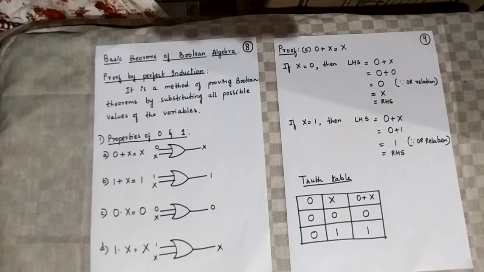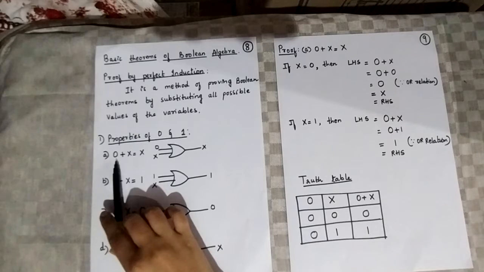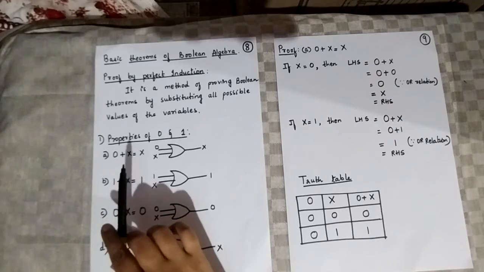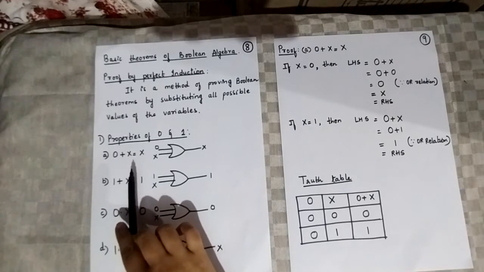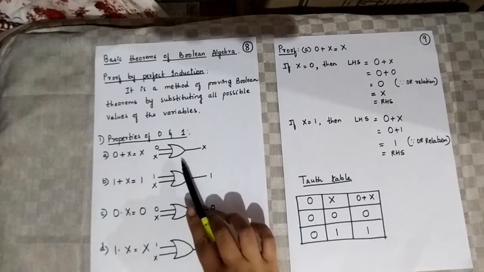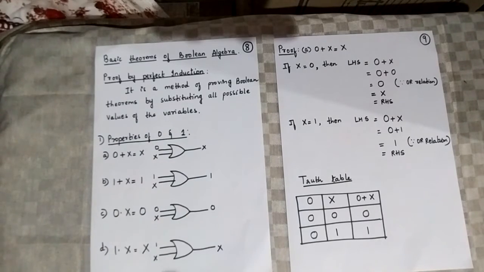Under properties of 0 and 1, the first one is 0 plus x results in x. Considering this particular theorem, as it is using the OR operation, I am using an OR gate here to show it in terms of a logical symbol.